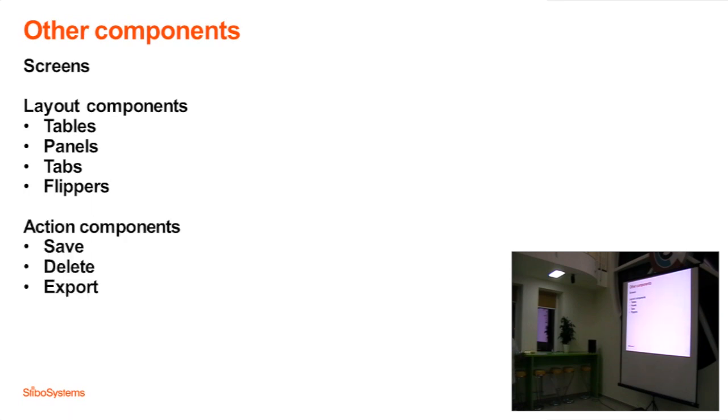We have a lot of other display or layout components. The action components are for, okay, what do you want to do? You want to save this, delete it, or export all the things that we have selected in the list, or whatever action you need to perform on the selection.